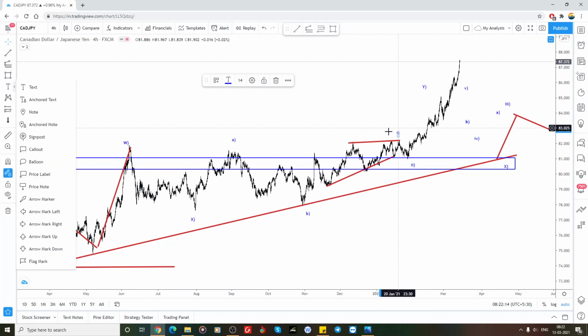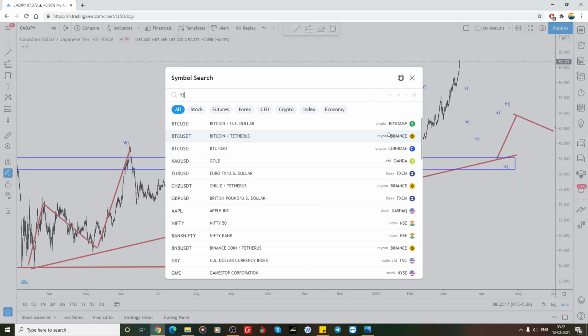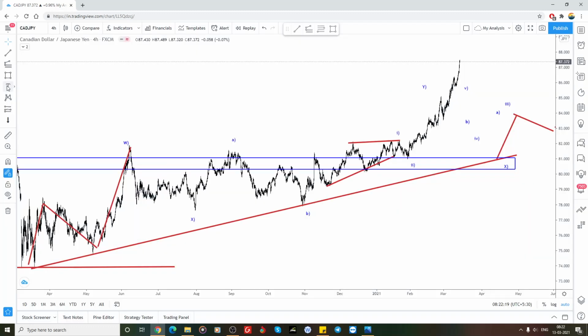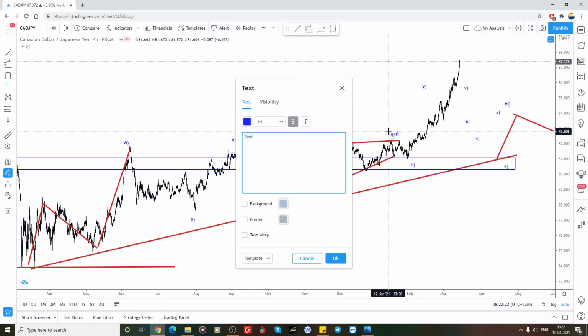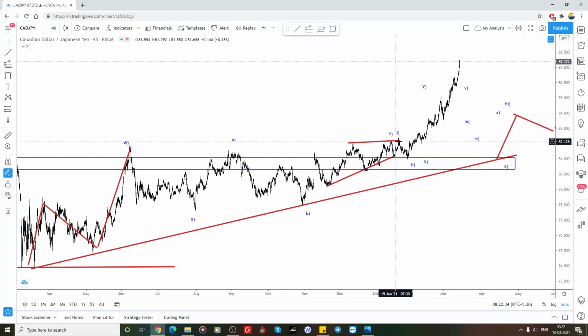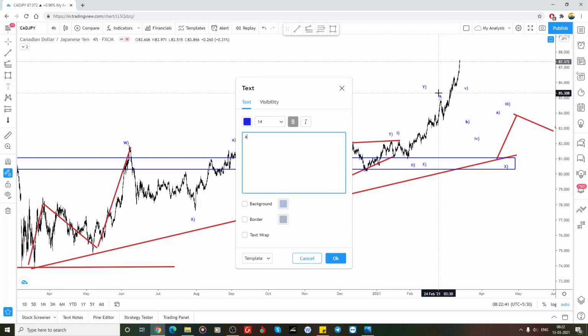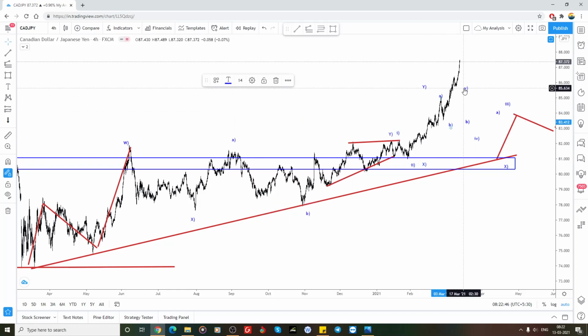If we took this as a Y also, if we kept this as an X, but because X is very small, if it is an end then F is very small. So whether this could be another 5-wave structure, so this could be a B, and C is going to end.